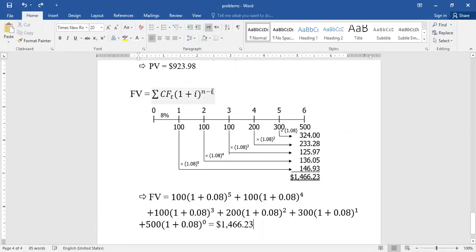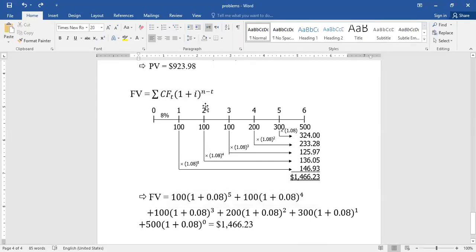t is the current time. So this $100 payment, I'm going to receive it at time t equal to 1. So n is 6, the total number of years of this investment, and t is 1. So I multiply 100 by 1 plus 0.08 to the power n minus t, n being 6, t being 1, so to the power 5. I do the same thing for the second payment.